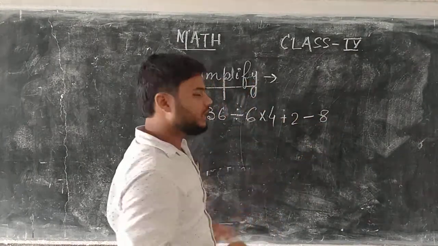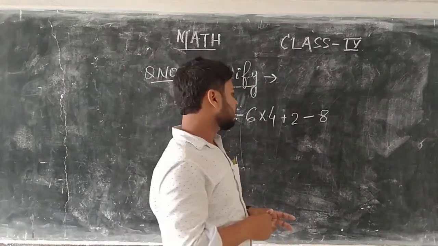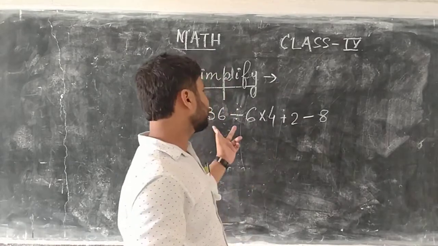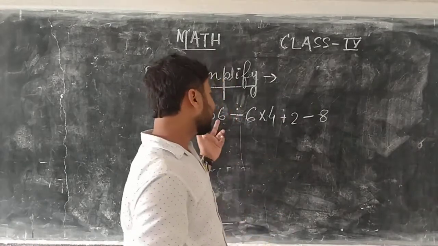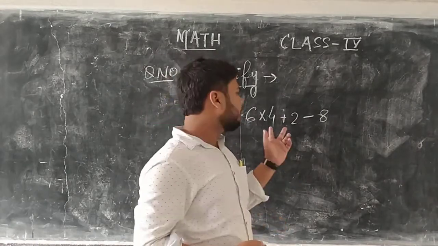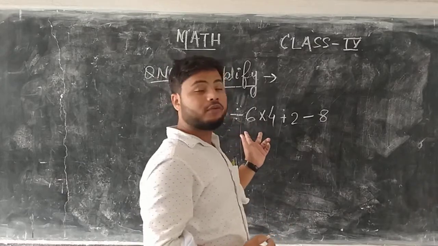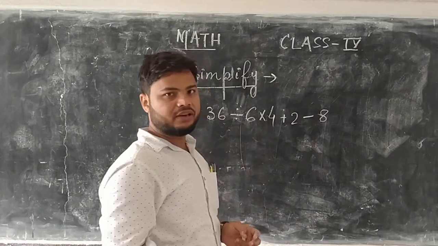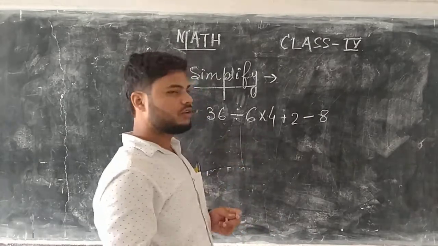Multiple operations are given in this question, in this simplification. How will we solve this type of problem, because many operations are given in the same question?